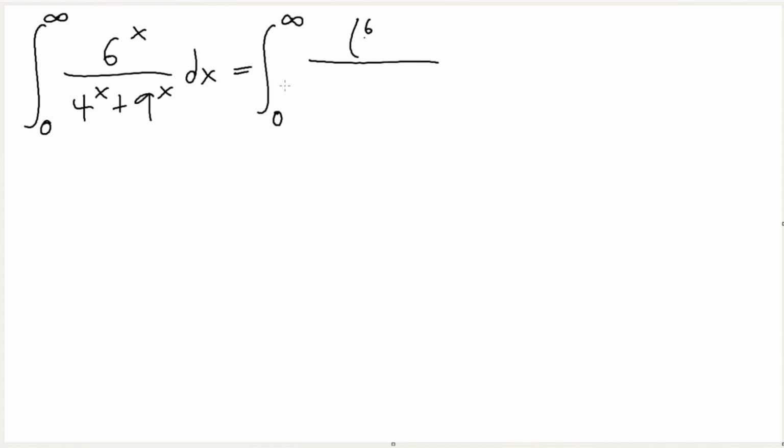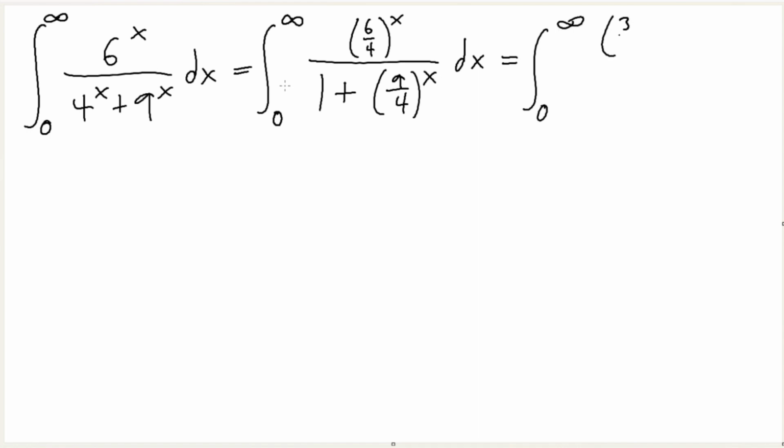So you get 6/4 to the x over 1 plus 9/4 to the x. Okay? And now this is just 3/2 to the x over 1 plus 3/2 to the 2x.